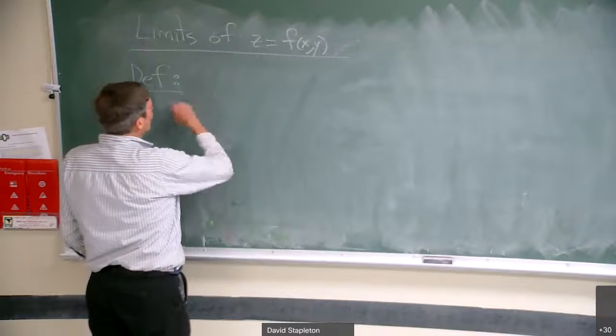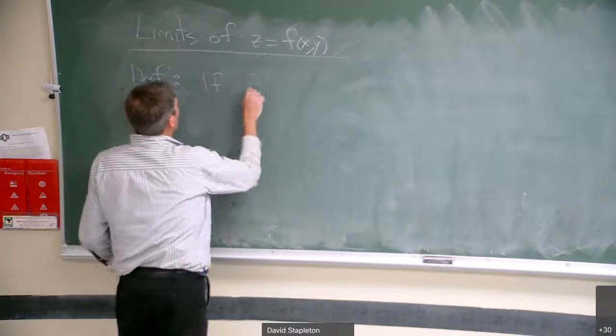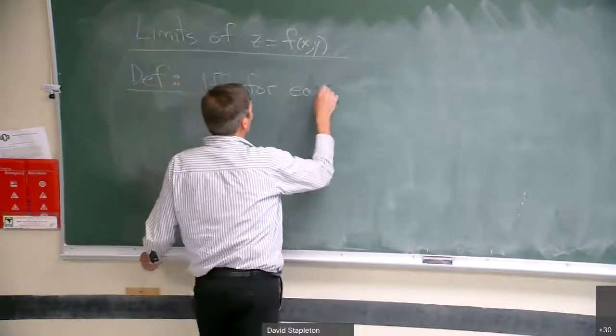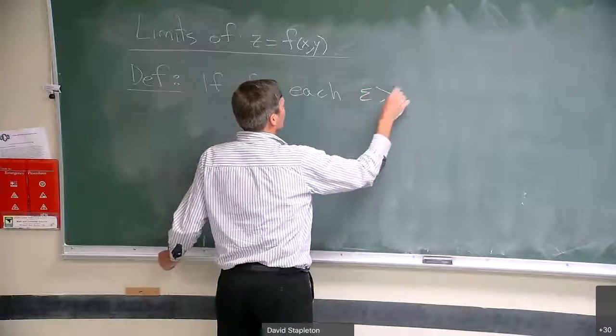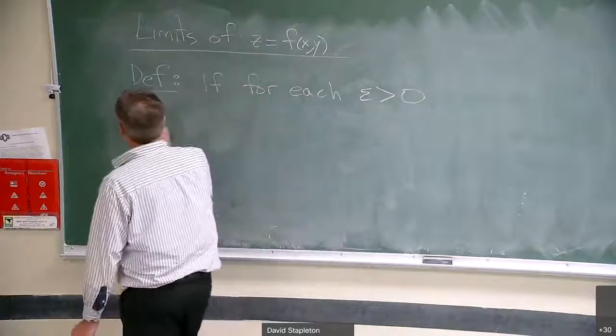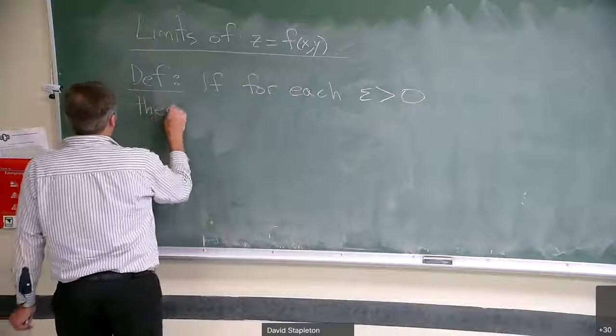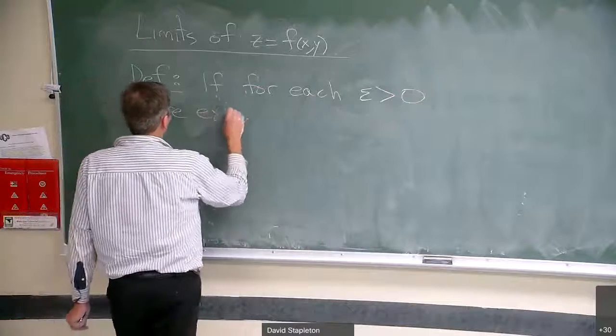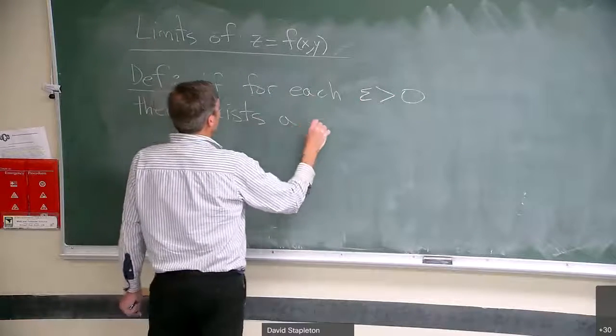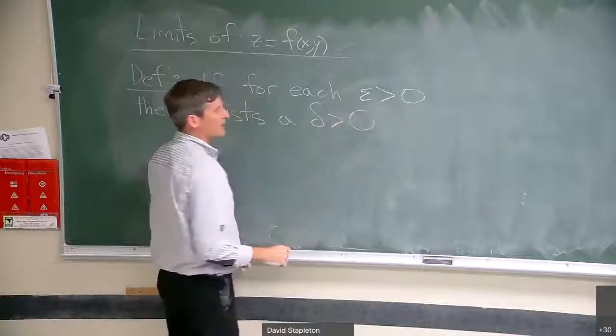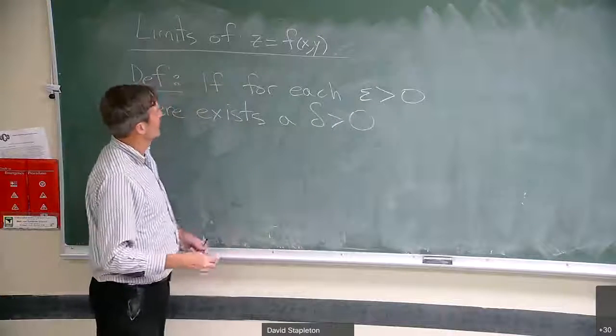Definition: if for each epsilon greater than 0, there exists a number delta greater than 0. Remember the epsilon-delta definition from calculus 1, maybe?